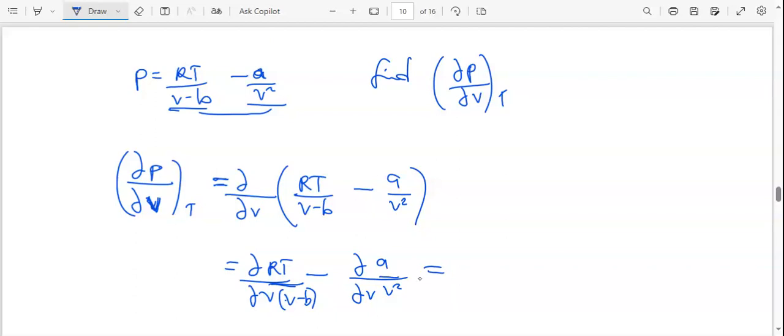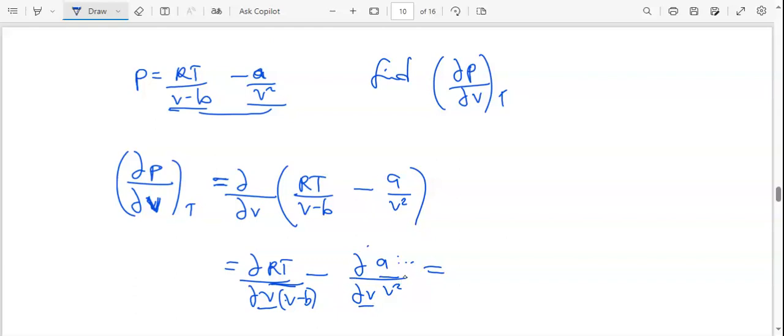We are only interested in the volume change. Change in volume and change in volume.